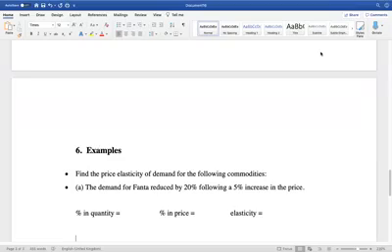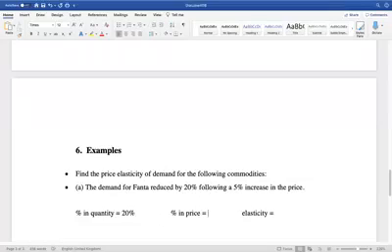What is the percentage change in the quantity? This is a very simple question. Yes, Ruth? The percentage change in quantity is 20. Yes, it's 20%. Thank you very much. So that is the percentage change in the quantity, it's 20%.